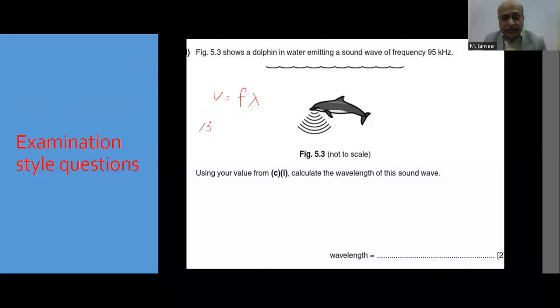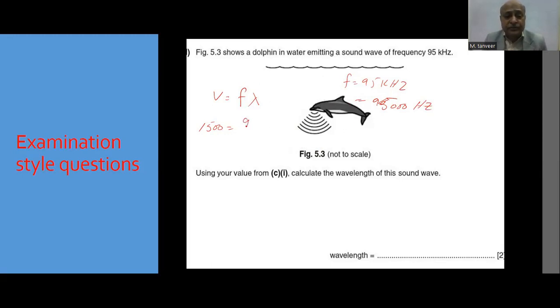Velocity in water is 1500. Frequency is given, 95 kilohertz. You have to convert kilohertz into hertz. 95 thousand hertz. Now kilohertz is converted into hertz.